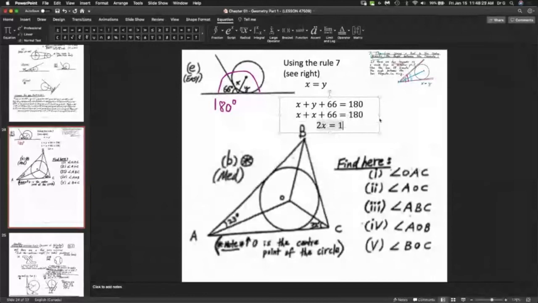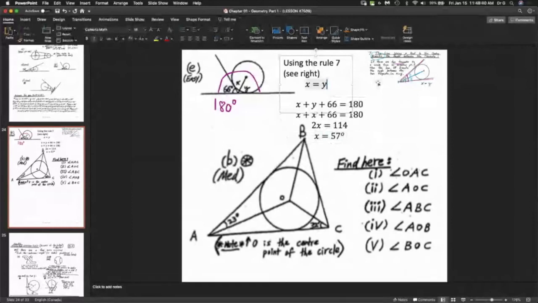It's 114. So x equals 57. And we can therefore say that x and y are equal to each other. So x and y are both equal to 57.